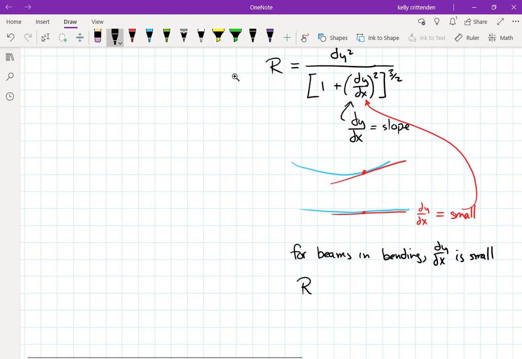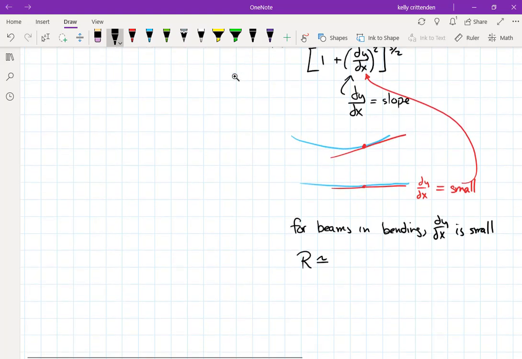So the radius of curvature is really close to just the numerator, which is this second order derivative. And that's not so bad, as long as I have some equation to deal with there. So I need to figure out what equation actually goes in there.